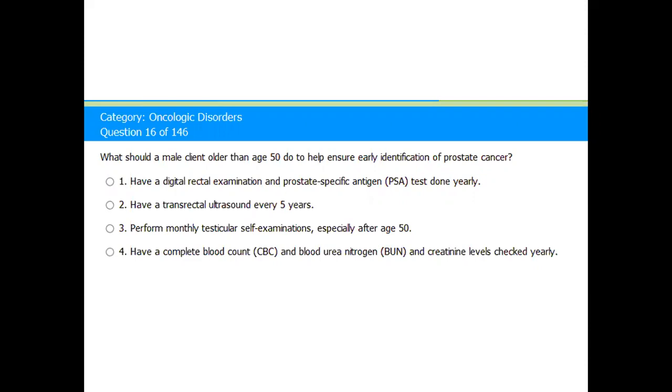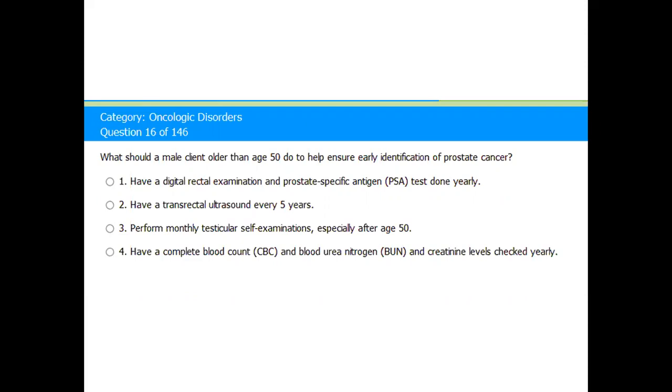Usually patients with prostate cancer complain of difficulty of urination, frequency of urination, decreased force of urination, or difficulty starting or stopping the urine stream, sometimes blood in semen, or pain or discomfort in the pelvic area, or bony pain, which is most common.